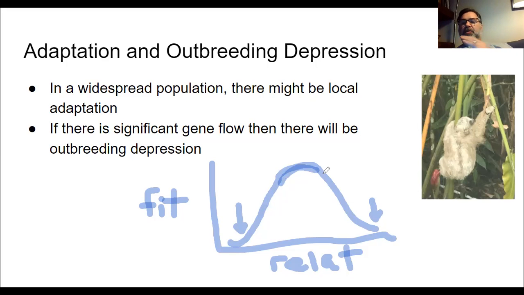There's some range in between being very unrelated and being too closely related, where your fitness is at a peak, okay, where you don't disrupt your adaptive suites. So adaptive suites would be a whole bunch of traits that are adapted for that local condition, so you're not disrupting that. And yet it's different enough that you don't have inbreeding depression.